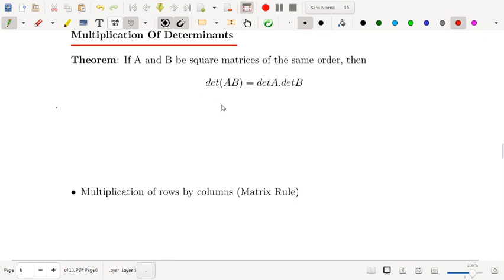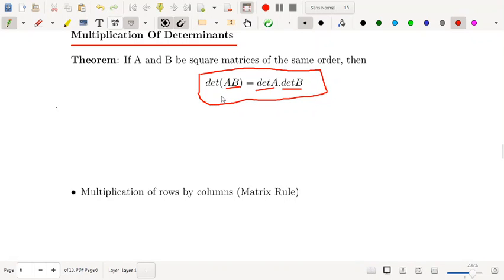Before that, remember one theorem: the determinant of the product of two matrices, determinant of AB, gives you determinant of A times determinant of B. That means if you multiply two matrices A and B, the value of the determinant will be exactly equal to the product of the separate determinants of A and B. This is a very important rule.